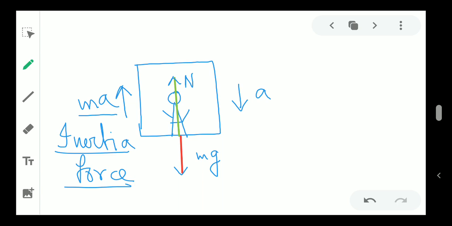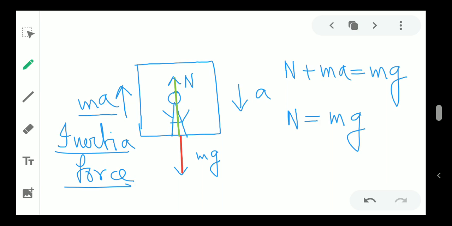Now if we calculate all the forces and balance them, we can see that in the up direction normal is working, and your ma, that is your inertial force, is working, and in the downward direction your gravitational force is working. So the normal reaction, that means your feeling, will become mg minus ma. So that means it is m(g minus a).